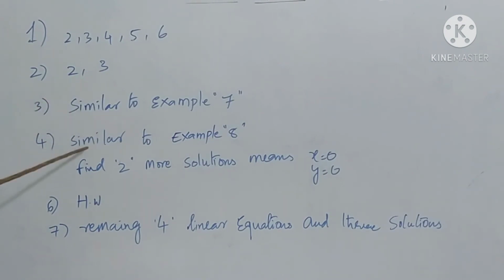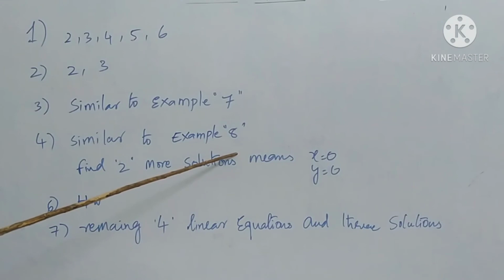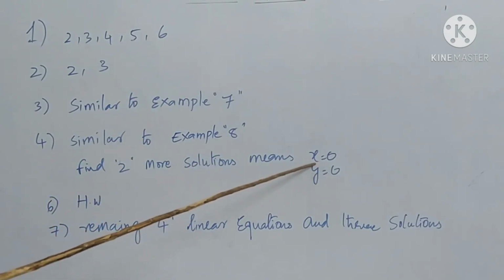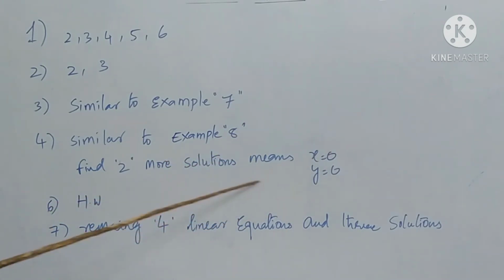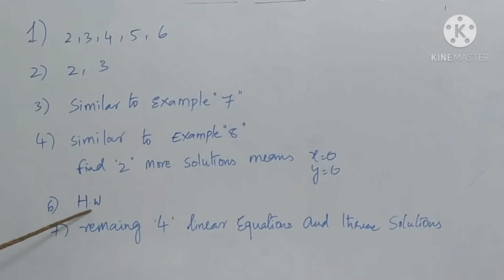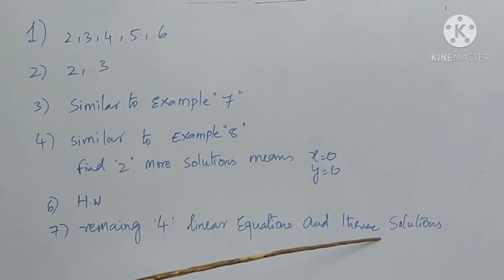And fourth one, this is similar to example 8. And find 2 more solutions, which means when x is equal to 0, what is the y value? When y is equal to 0, what is x? Sixth one, HW. And seventh one, the remaining 4 linear equations and 3 solutions of each of the linear equations.